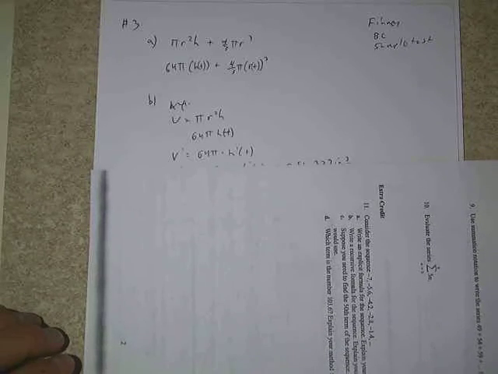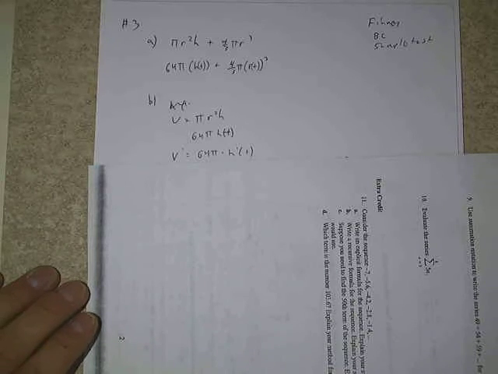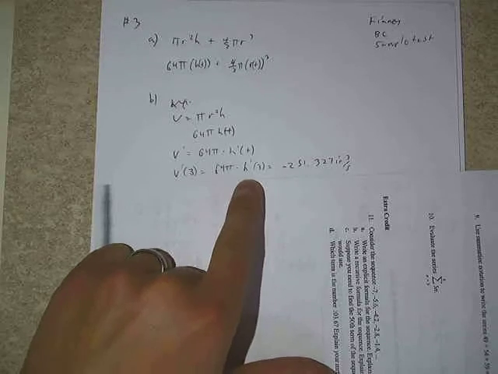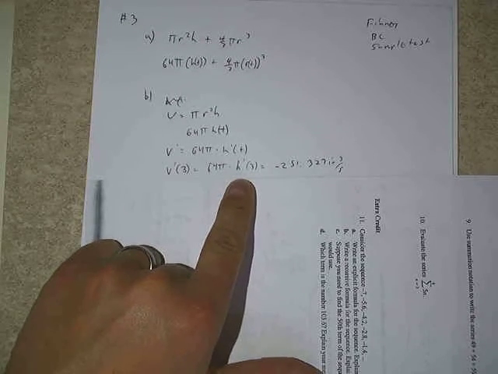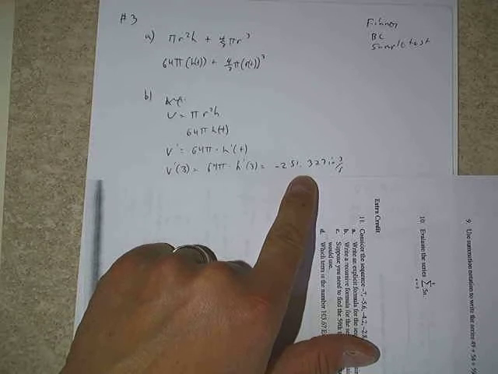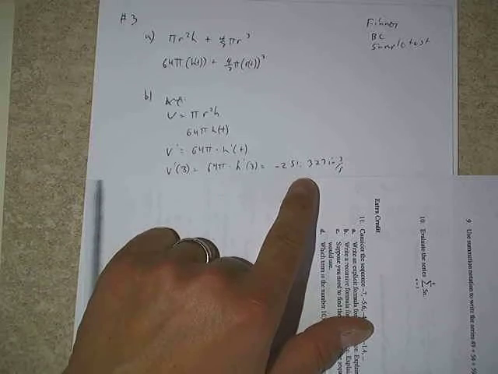So in other words, we need V prime, don't we? The rate of change of the volume. So dV/dt, V prime, we can think of it either way. Bottom line here is that the derivative of that 64 pi is just a constant. So it would be 64 pi times the derivative of h of t.